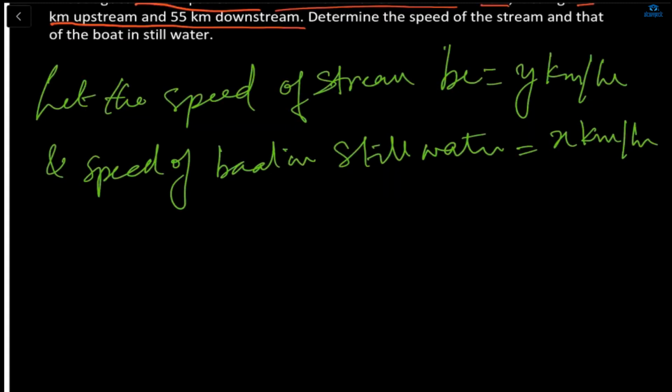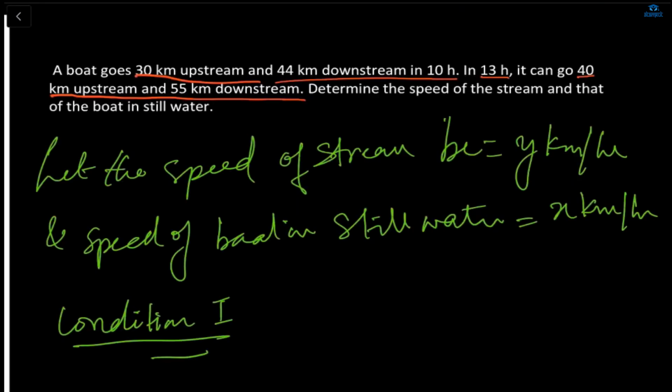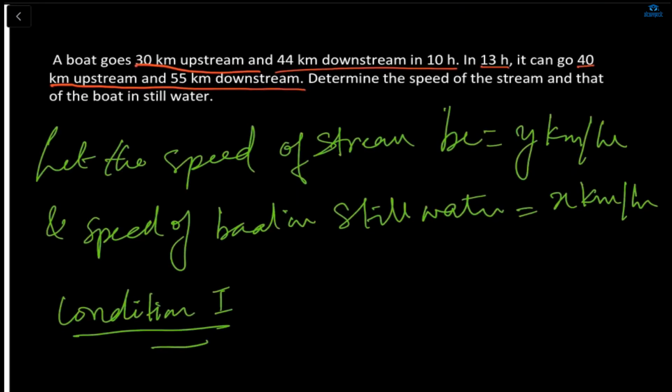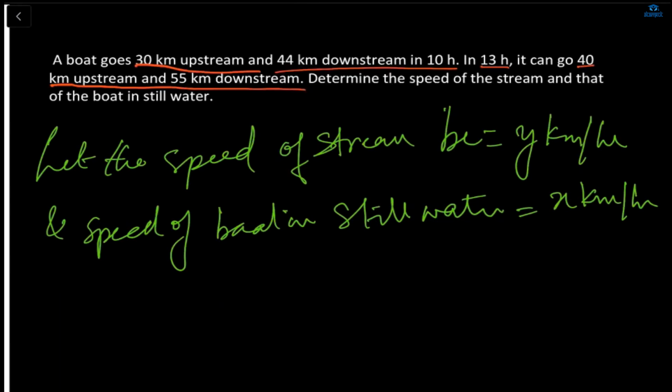Okay, now we have assumed. Now from condition first. Now there are 2 conditions. Condition 1, what it is saying, that the boat goes 30 kilometer upstream and 44 kilometer downstream. Now I have taken the speed of the stream as y and the speed of the boat in still water as x. Here I also have to consider downstream and upstream.